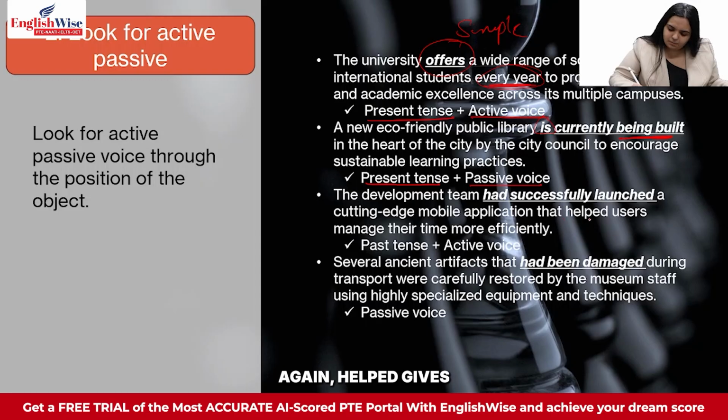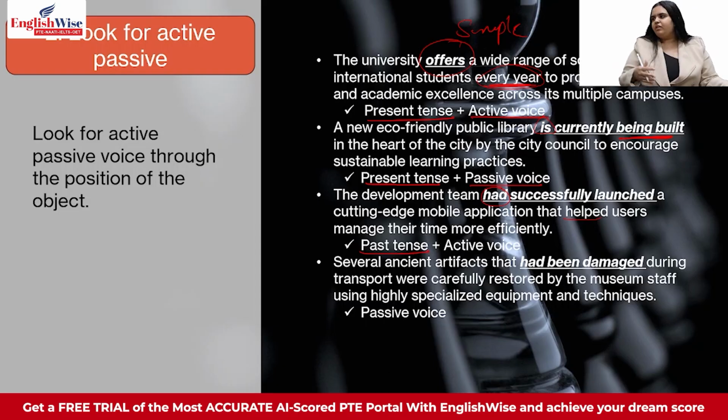Again, helped gives us an understanding that it can be past tense. Okay, plus had also gives us an understanding that it is past tense. And then you have had successfully launched. Again, as you know that adverbs are not important in the sentence, we will say had launched, and that means it is had plus V3, so it is active voice.